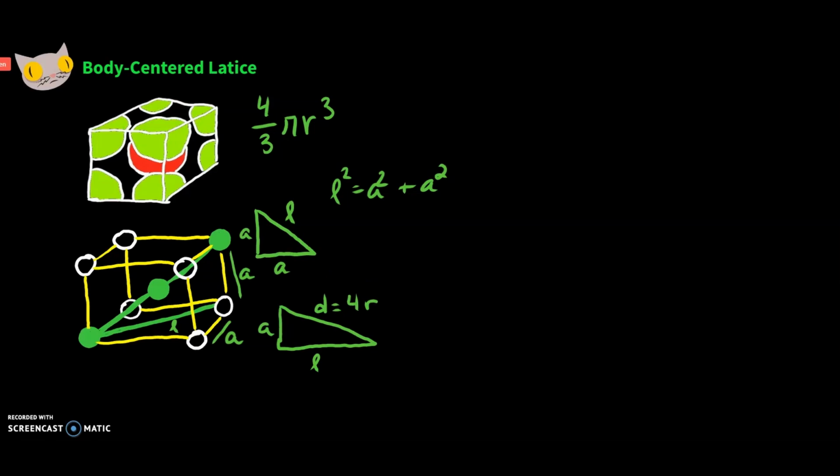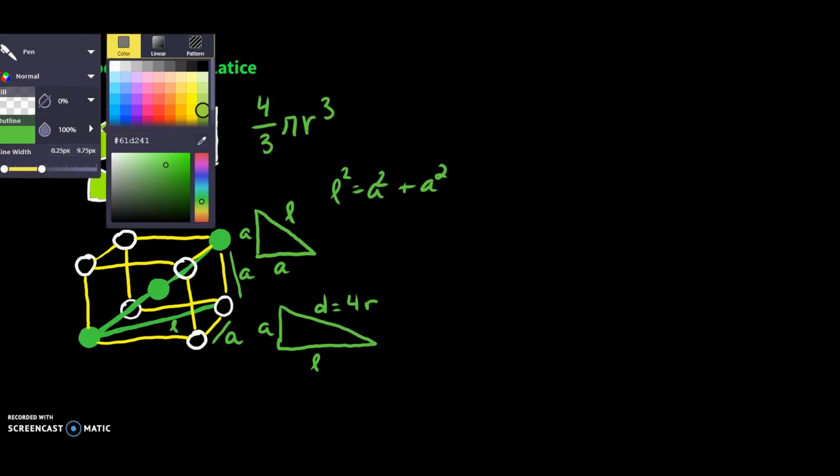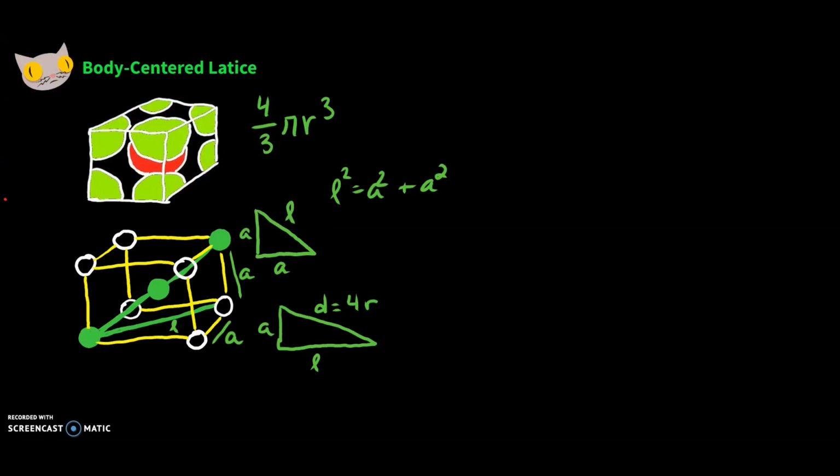And we can see that if we look over here, if we take this radius, r, and in the center atom, we take the entire diameter, and we'll just call that 2r.